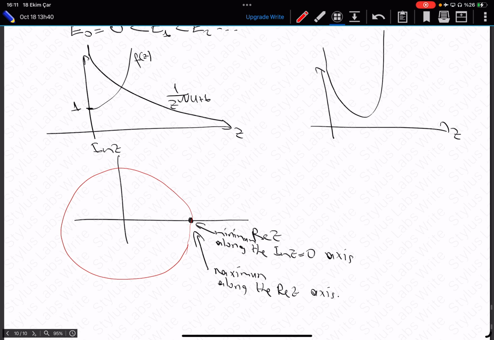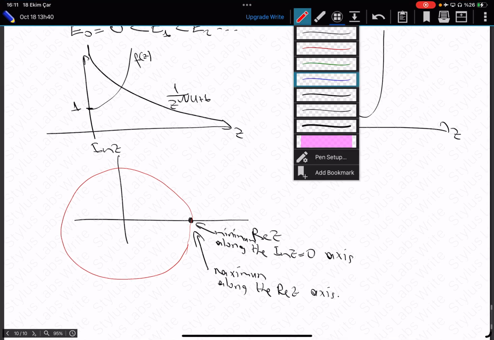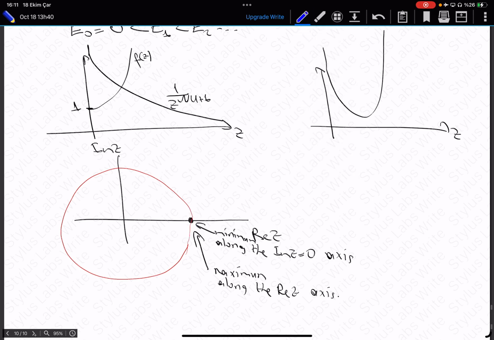This is where I have the dominant contribution, because there the value is huge; in other parts it won't be so large. But if that is the region of dominant contribution, well, I can change my integration region to this one.